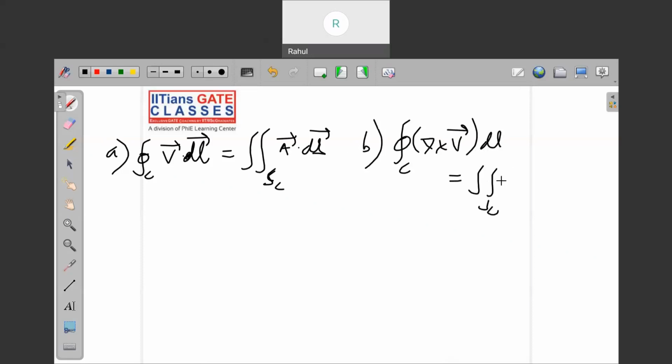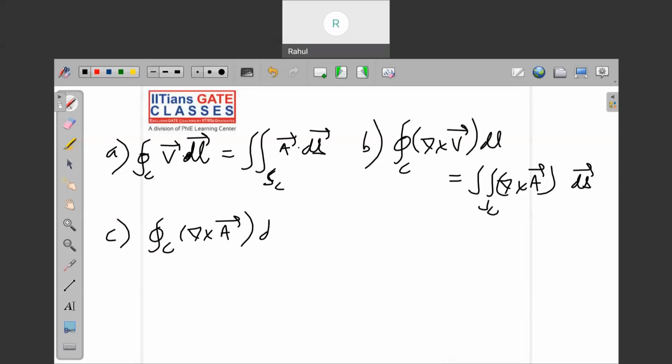Let us see which option is going to be correct. Option C is given as the curl of A dot dl is equal to the surface integral of ds.